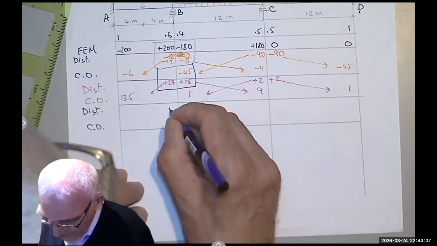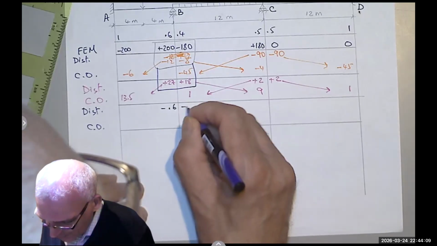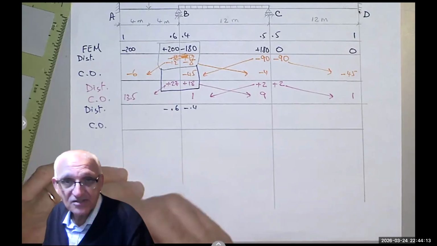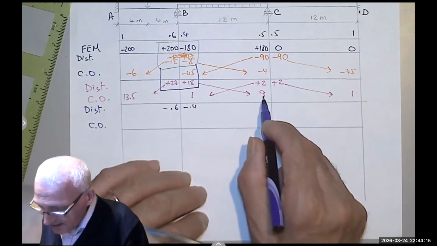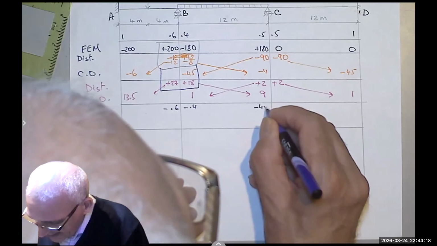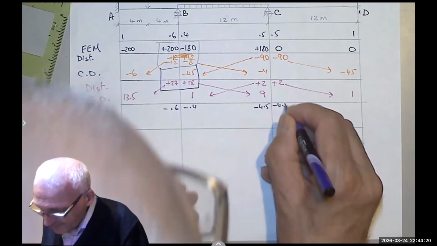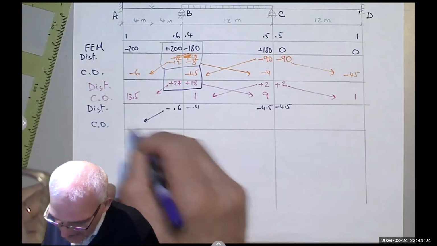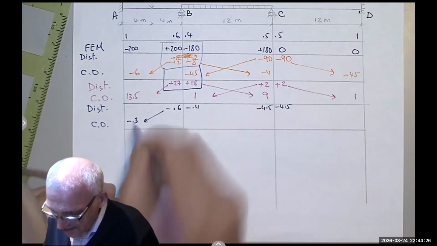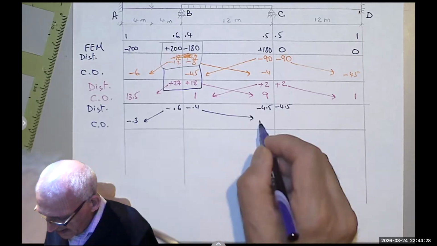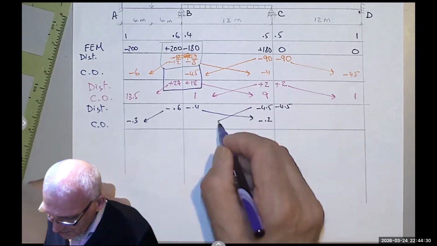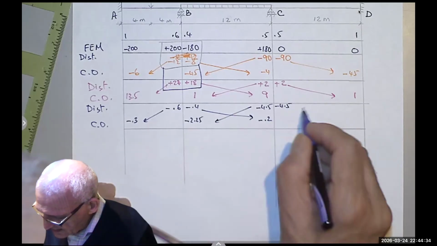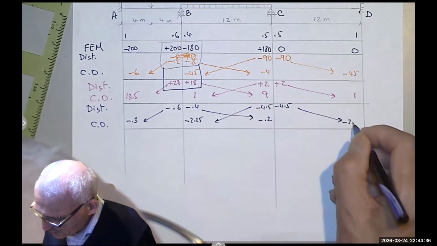So negative 0.6 and negative 0.4. Now I have another balance. The sum is 0. The 9 will be negative 4.5 and negative 4.5. And again, this will go as negative 0.3. This will go as negative 0.2. This will go here as negative 2.25. And this will go here as negative 2.25.